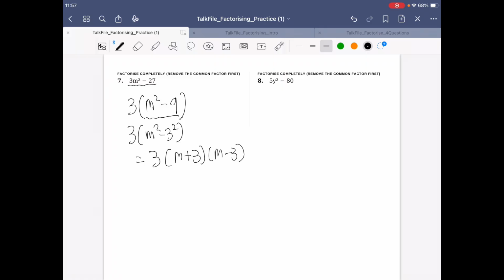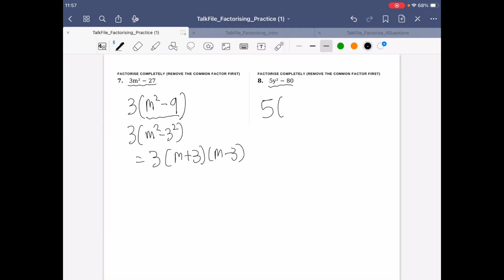Sometimes it's not really that obvious, taking out common factors, but when it comes to factorization, you should always think about common factors, because that's the base of factorization. In this case, it's also the same.